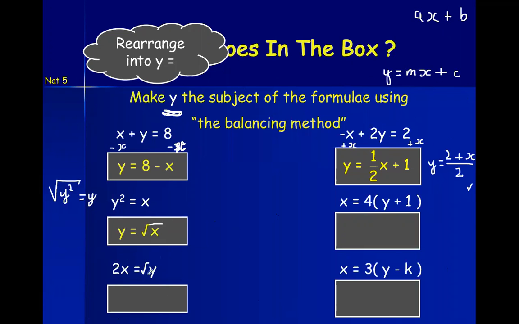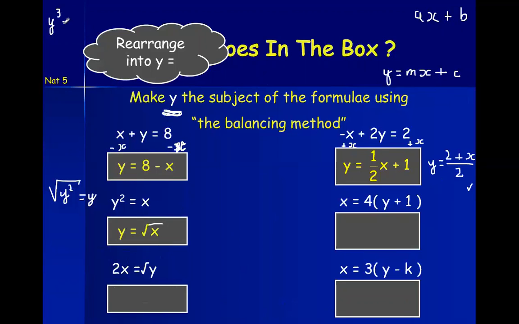So that was the only difficulty here, is to know that if you get y squared, you need to square root it. If I had y cubed, then you need to take the cube root.